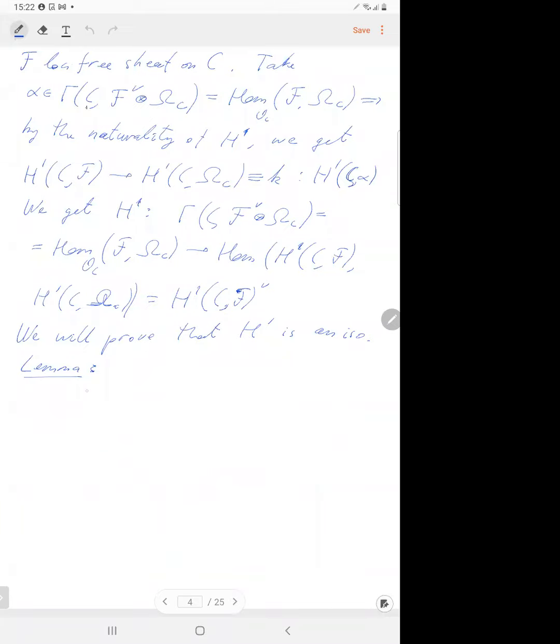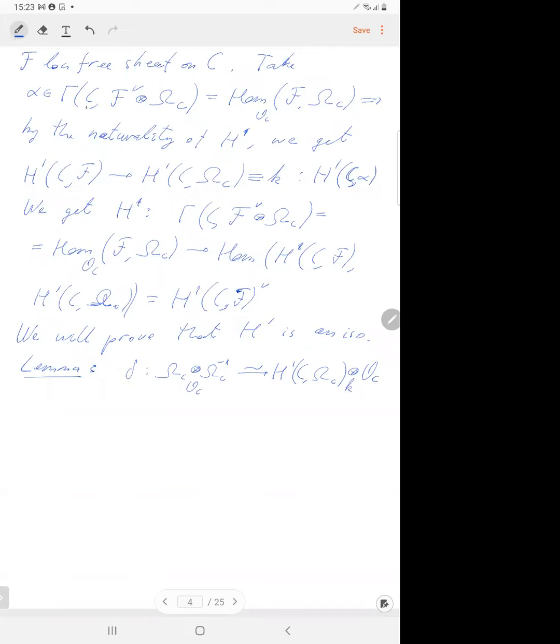First, it can be applied to the case when our sheaf is just the dualizing sheaf itself, and then we get the dualizing sheaf tensor the dualizing sheaf, and certainly this is just the structure sheaf, but we rewrite it as the first cohomology of the dualizing sheaf, that is the ground field K anyway, tensor OC.